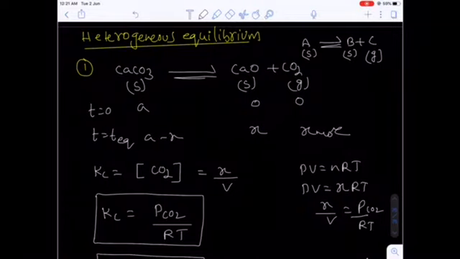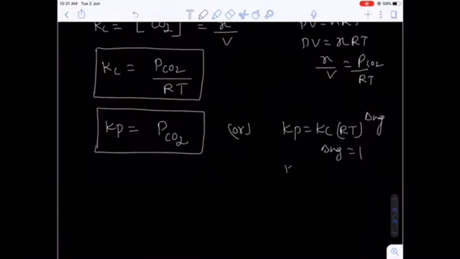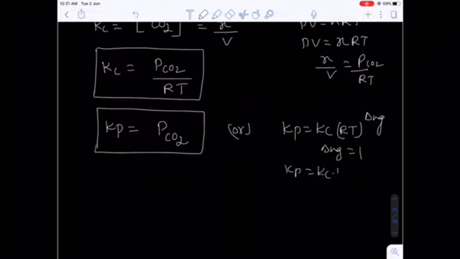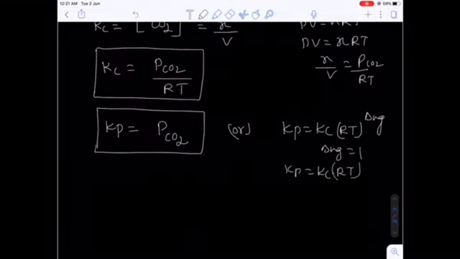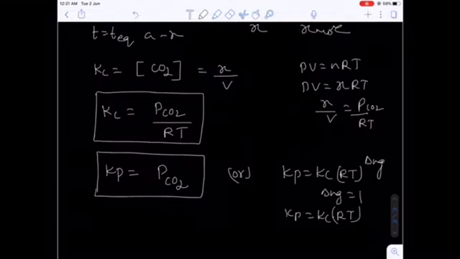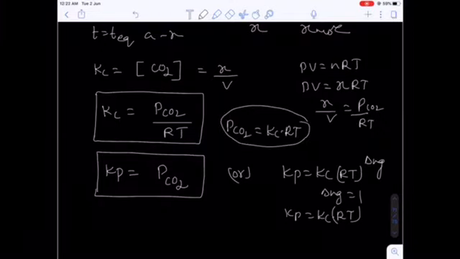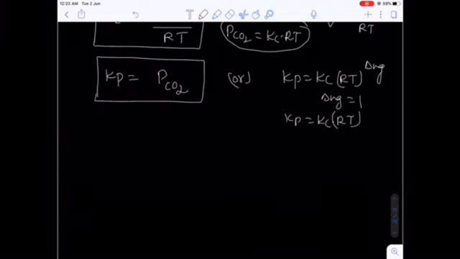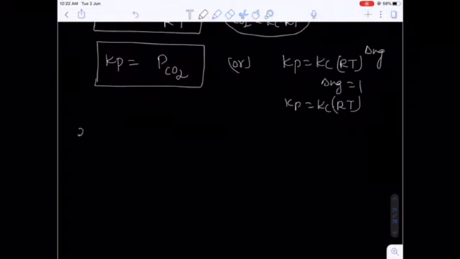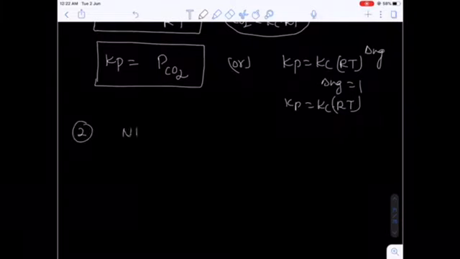So delta Ng value here is 1, because only the gas CO2 will be considered. Now Kp is equal to Kc into RT. Here if you cross multiply, PCO2 will be Kc into RT. Are you getting my point?